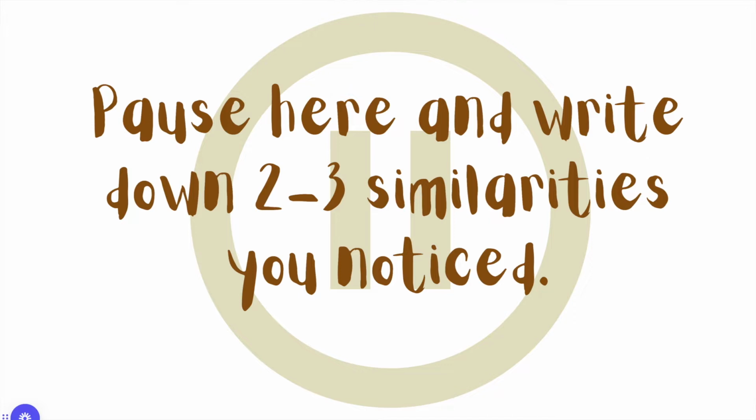All right, so if you want to go back and view the examples again, you can go ahead and do that. I'm going to ask you to pause here and then just jot down 2 or 3 similarities that you noticed between those 5 examples. It doesn't have to be something present in every single example, but maybe something you notice between a few of the examples. Okay, so pause here and we're going to share some similarities on the next slide.